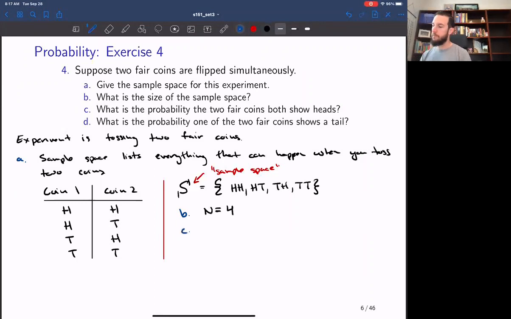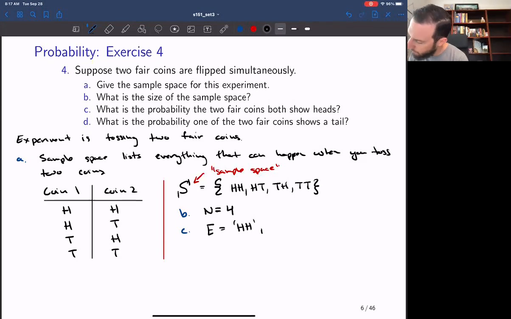Okay, and then in part C, what is the probability that the 2 fair coins both show a head? Okay, so here we're going to have capital E, the event, is equal to HH.